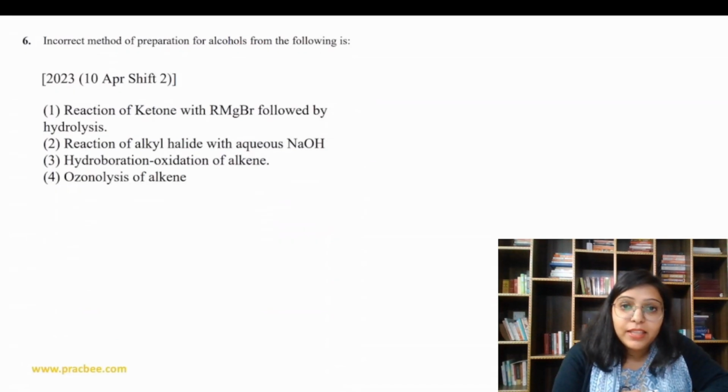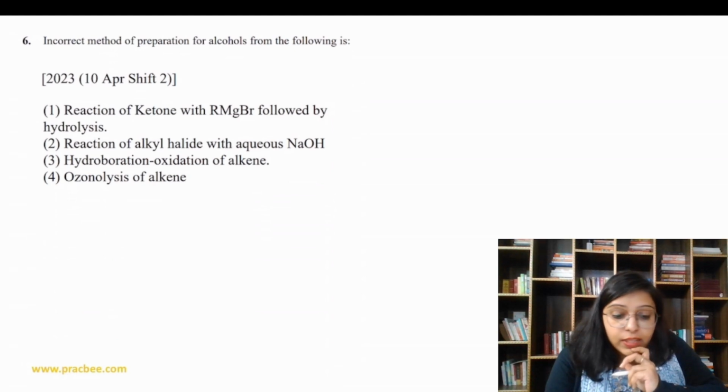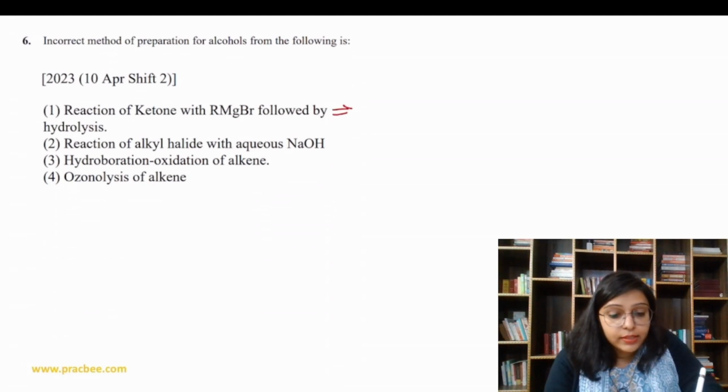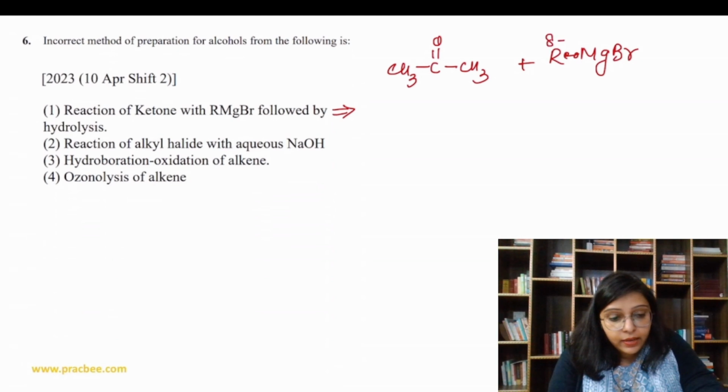Next, the incorrect method of preparation of alcohols from the following. Reaction of ketone with RMgBr: already discussed. If we have ketone and Grignard reagent RMgBr, we get alcohol. R is negative, magnesium positive, so this oxygen is negative.